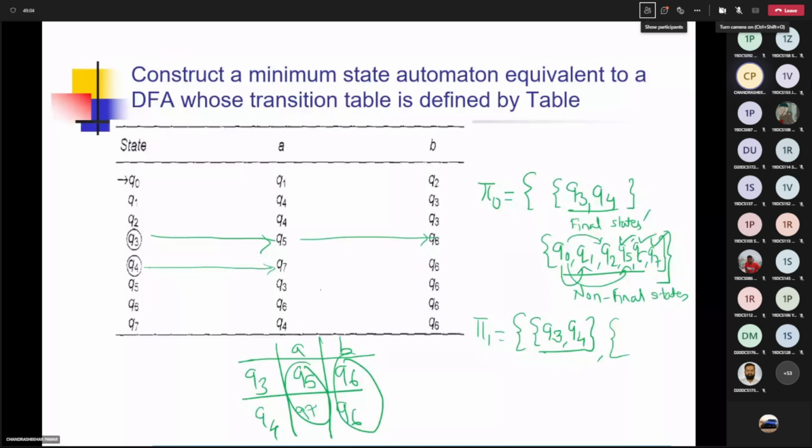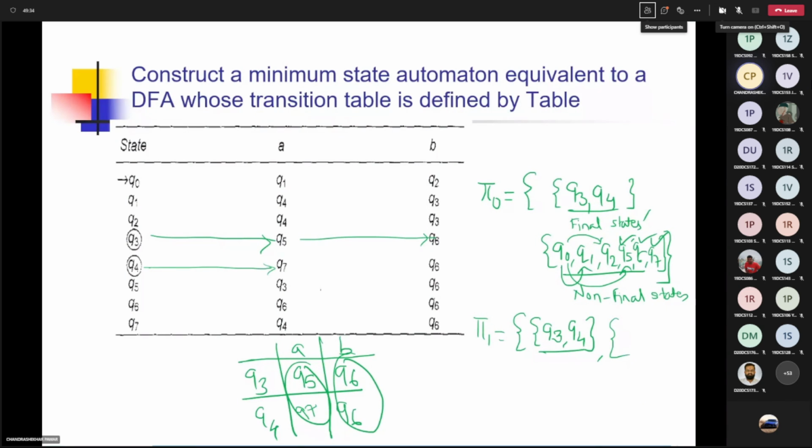So can anyone tell me how many states you have minimized to? 5 states. Okay, yes. So from 8 states we have minimized it to 5 states. Can you give me the last answer?